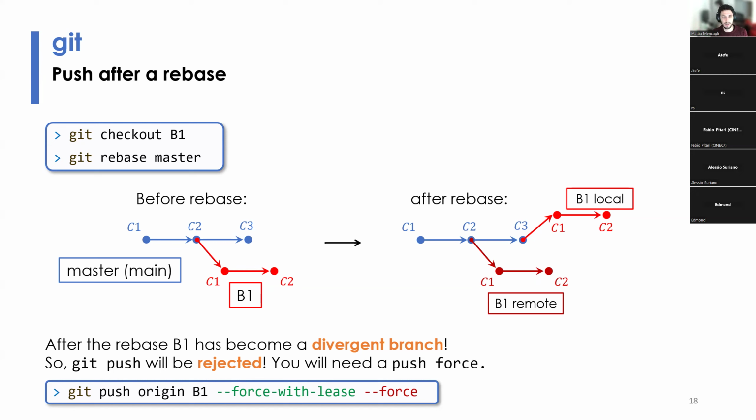After this operation, you could just delete your B1 branch, both from local and remote repositories, since all the commits of that branch are already incorporated linearly in the master branch. However, sometimes somebody wants to just rebase their own branch but still keep working on it. In that case, you will need a push force.